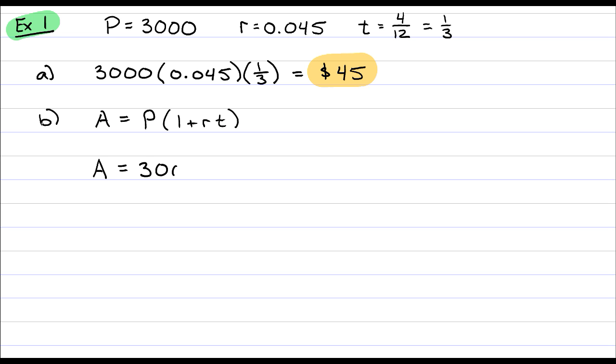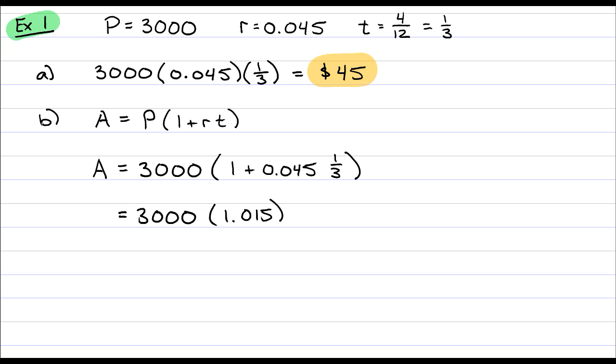P is $3,000 times (1 plus the interest rate times T), which we saw was 1/3. So that turns out to be 3,000 times... Calculating the stuff inside of the parentheses is going to give you 1.015. And then multiplying this out, you are going to get $3,045, just like we expected.